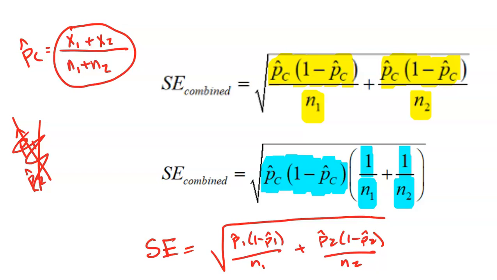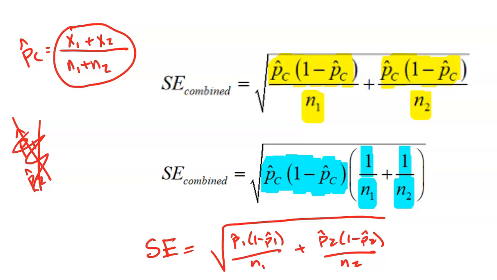You would actually still get full credit. So you could not use standard error combined, maybe because you forgot or you were lazy or you just didn't know when you were supposed to do it, and you did use regular standard error. The difference between the two is very negligible, and it's not enough that's going to make your conclusion completely wrong. But it is correct. You are supposed to use standard error combined.